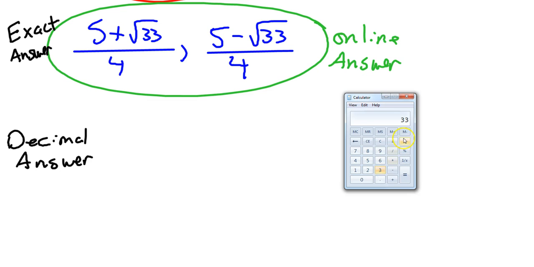We've got to do 33 and square root it. So it's 5.74456. They tell you to round it to 2 decimal places.